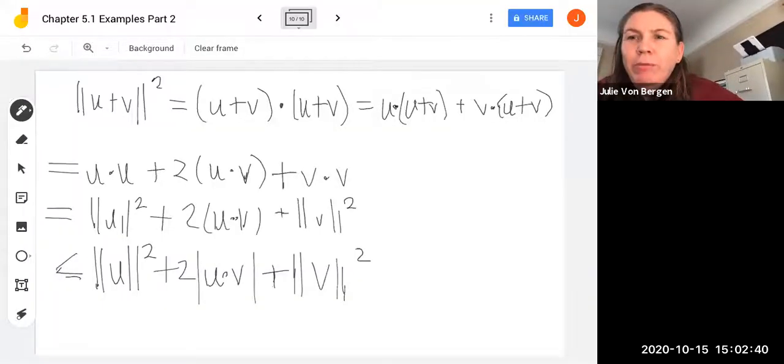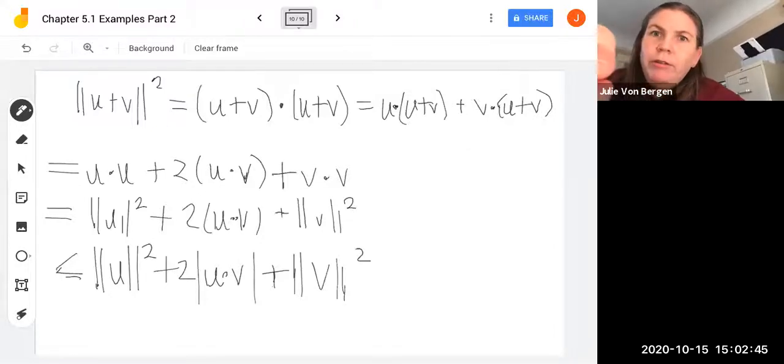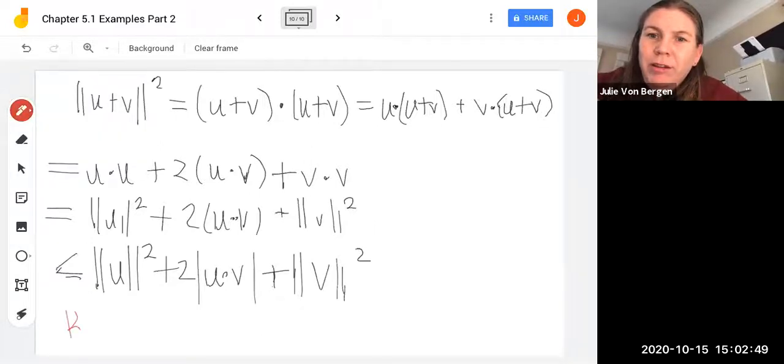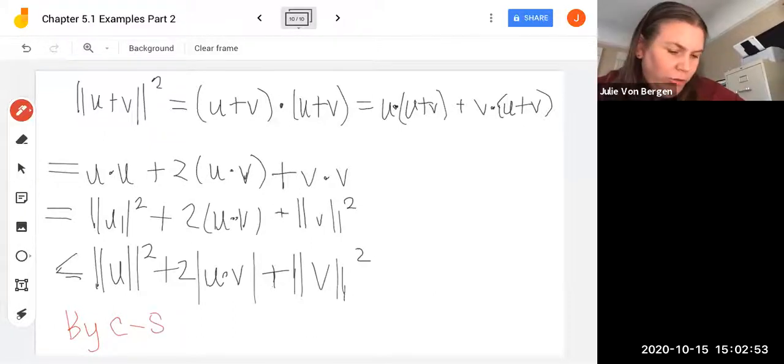Okay, so now we get to bring in Cauchy-Schwarz. So by Cauchy-Schwarz, I'm just going to call it CS, that's commonly used to represent Cauchy-Schwarz.